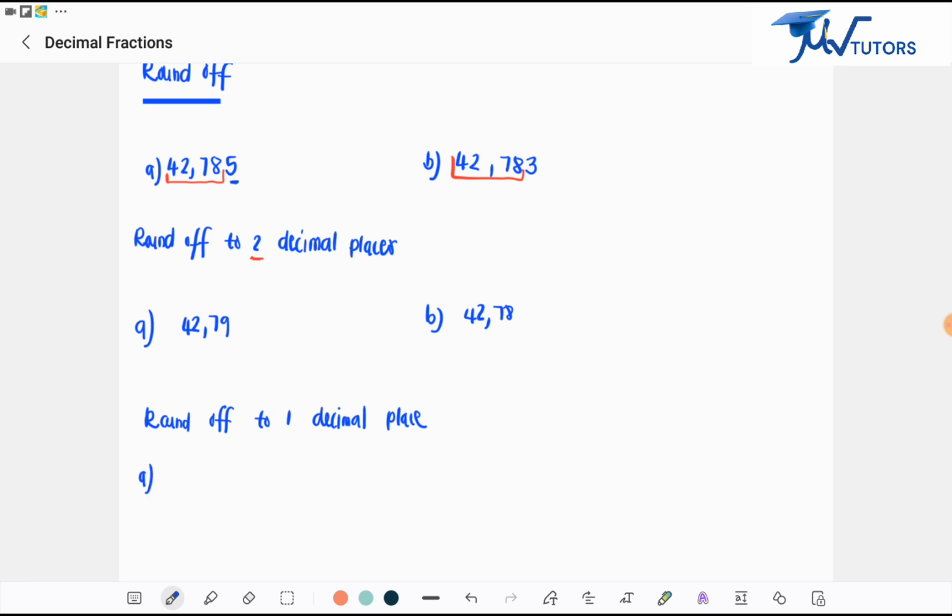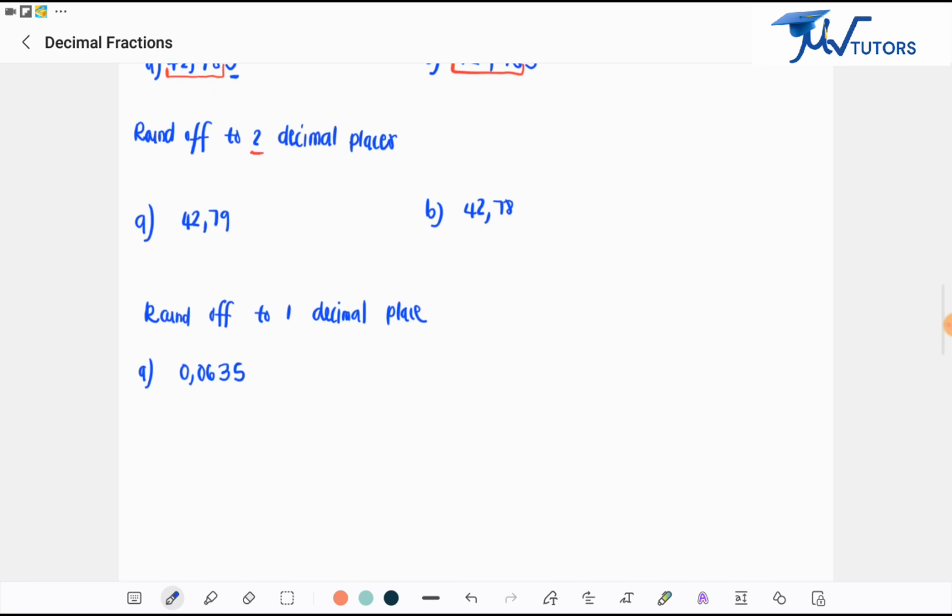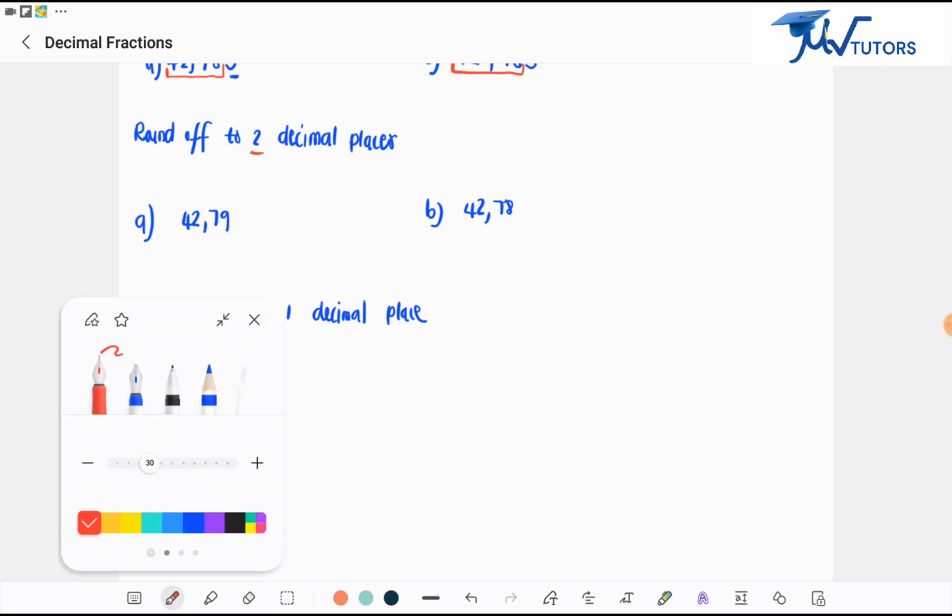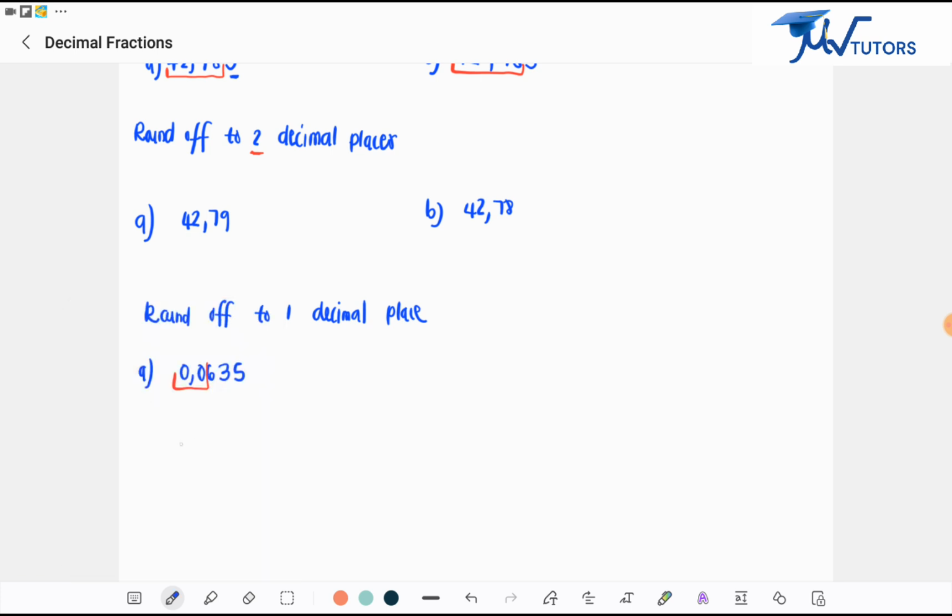Basically, we have 0,0635. 1 decimal place means after the decimal comma, this is what I'm going to limit my number to. Then I look at the number next to that 0. Is that number 5 or higher? Yes, it is. We have 6. So it means I'm going to go one number up. From 0, I'm going to go to 1. So basically, that is the answer, 0,1.